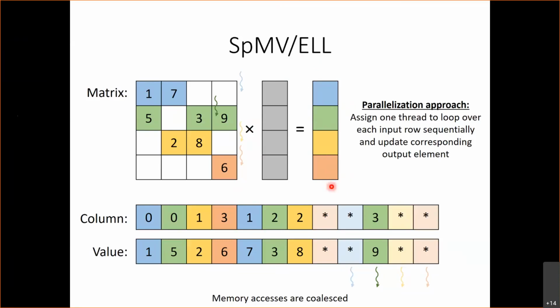Okay, and then finally, we have control divergence. So how does ELL compare to CSR in terms of control divergence? It has less. How so?